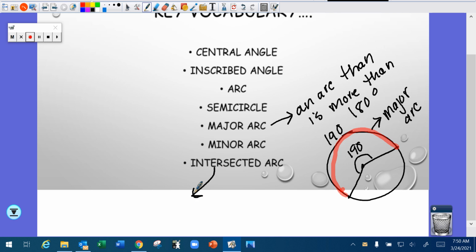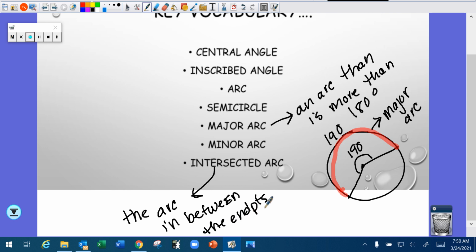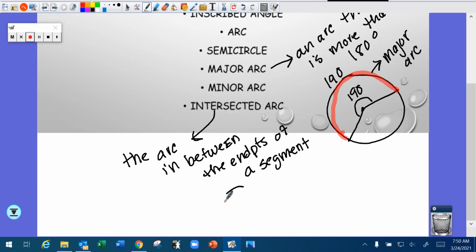Okay, and now an intersected arc is the arc in between the endpoints of a segment. So here's what I mean by that. If I have a central angle, and I'm going to call this central angle ABC, then the intersected arc is the arc that's in between these two endpoints, that piece right there.